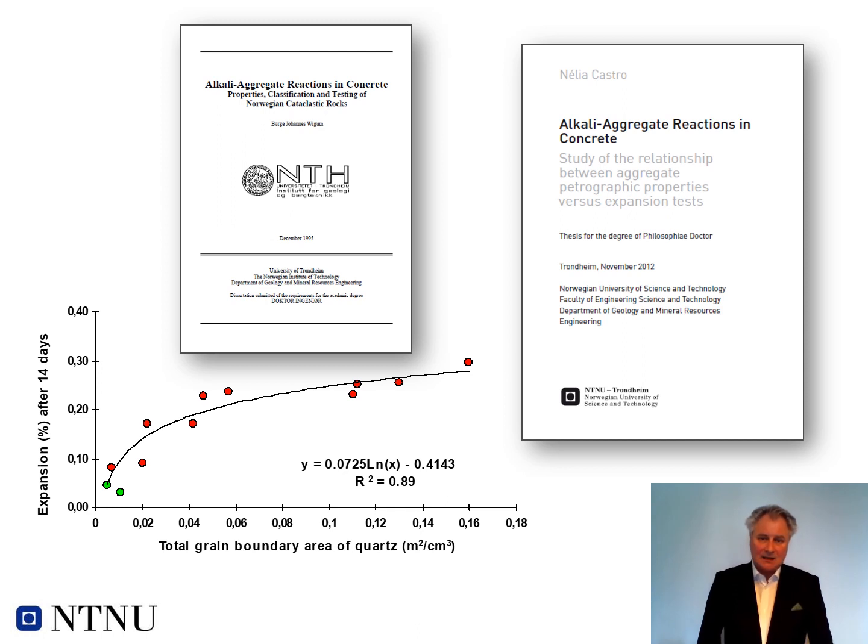So I counted the crystal size of quartz grains in different aggregates, and I calculated the total grain boundary area of quartz as square meters per cubic centimeter, and you see the relation there.